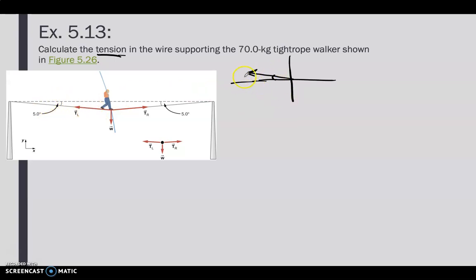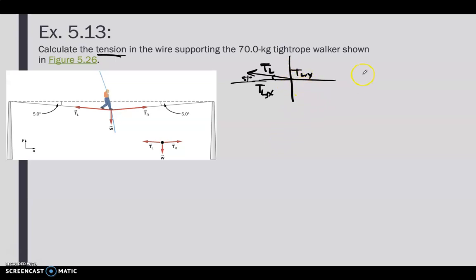I forget what property that is, so that's 5 degrees. And this is T sub L. We will have a y component here and an x component here. So we have T_L,x, I'll say, and T_L,y.